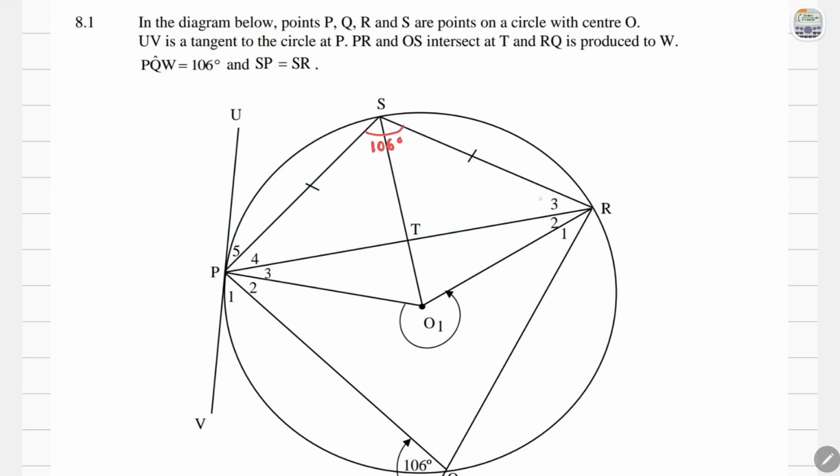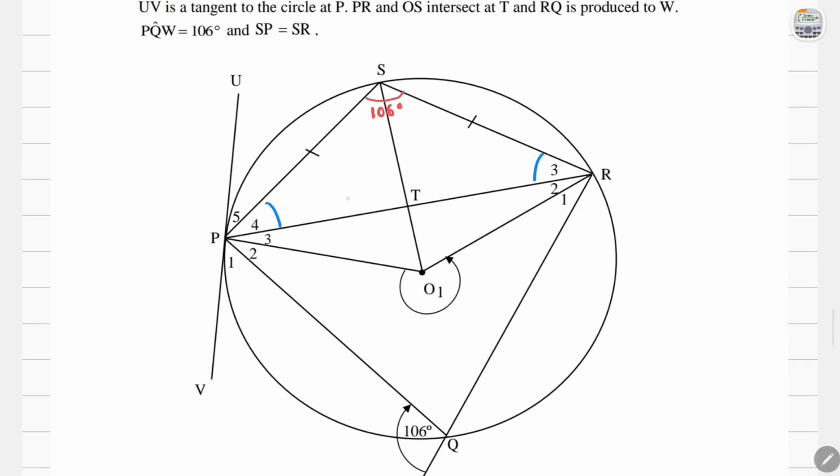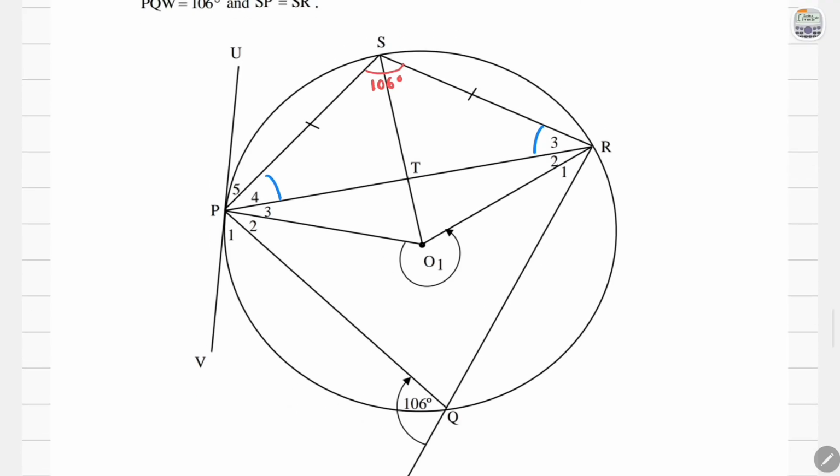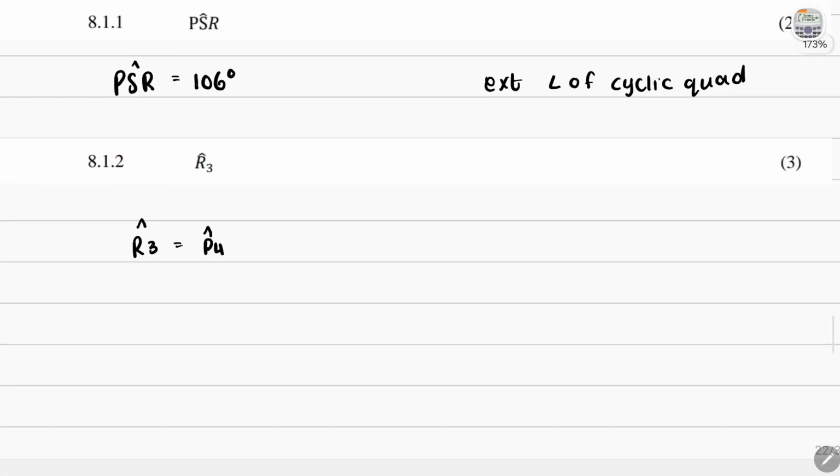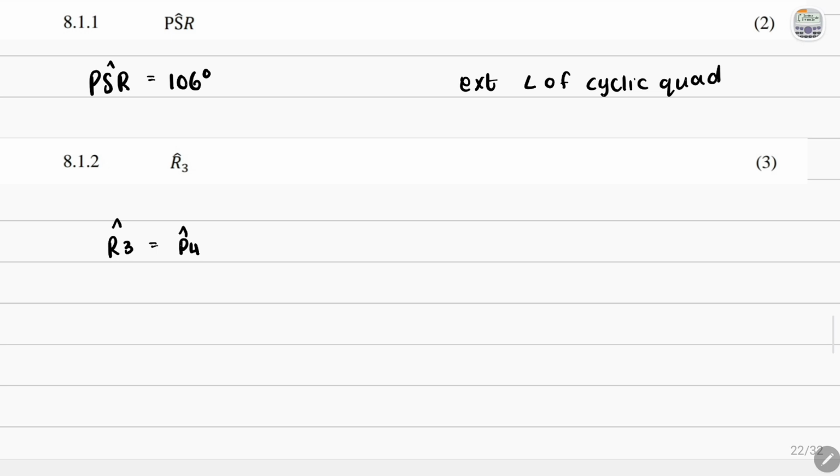Okay, so we can find it because angle R3 would be equal to angle P4. The angles opposite those equal sides would be equal. So let's go ahead and tell them that these two angles are equal. They already gave us that these two sides were equal, so we don't really have to state those. So tell them angle R3 is equal to angle P4, and this is because angles opposite equal sides are equal.